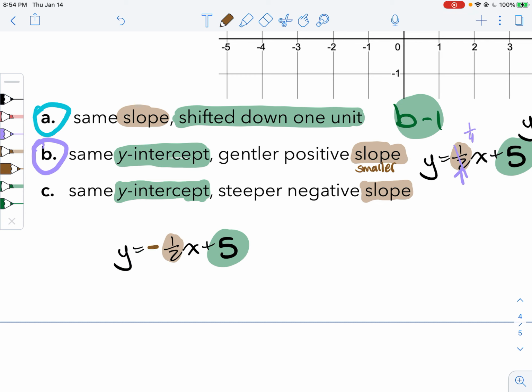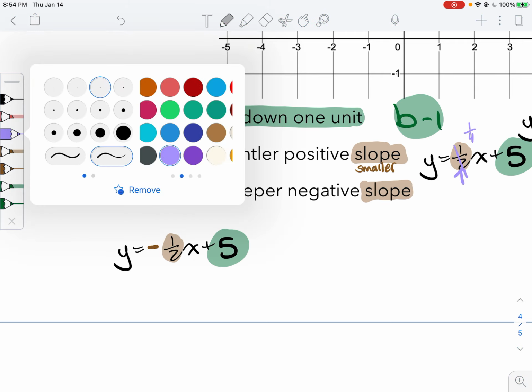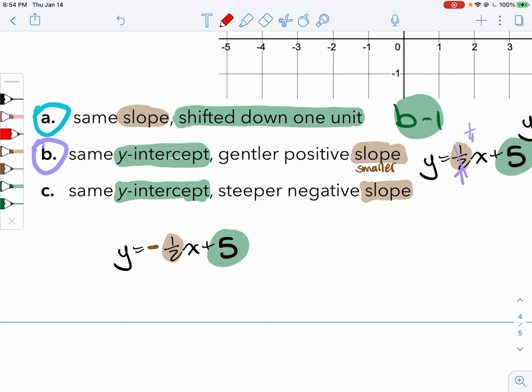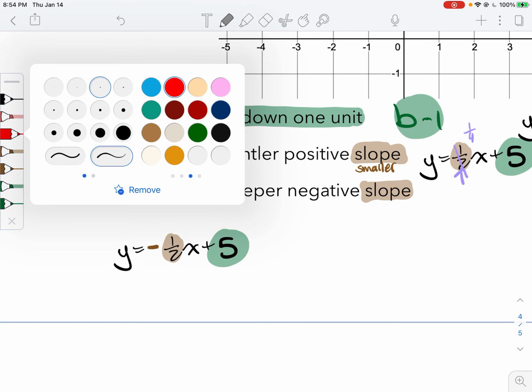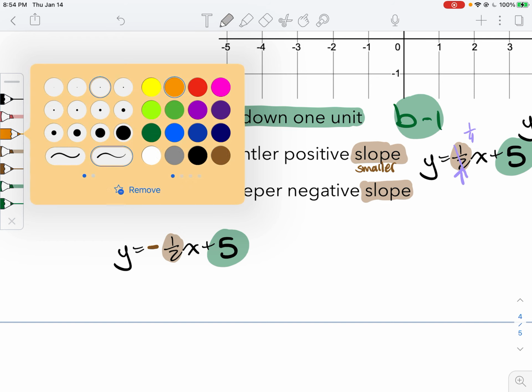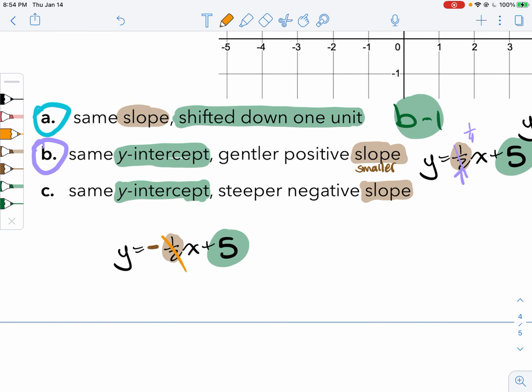There we go. It's negative. But to be steeper, it needs to be a bigger number. So what's something bigger than 1/2? I already kind of used red. Orange. How about 5? Well, our y-intercept is 5. So how about 4? 4, excellent.